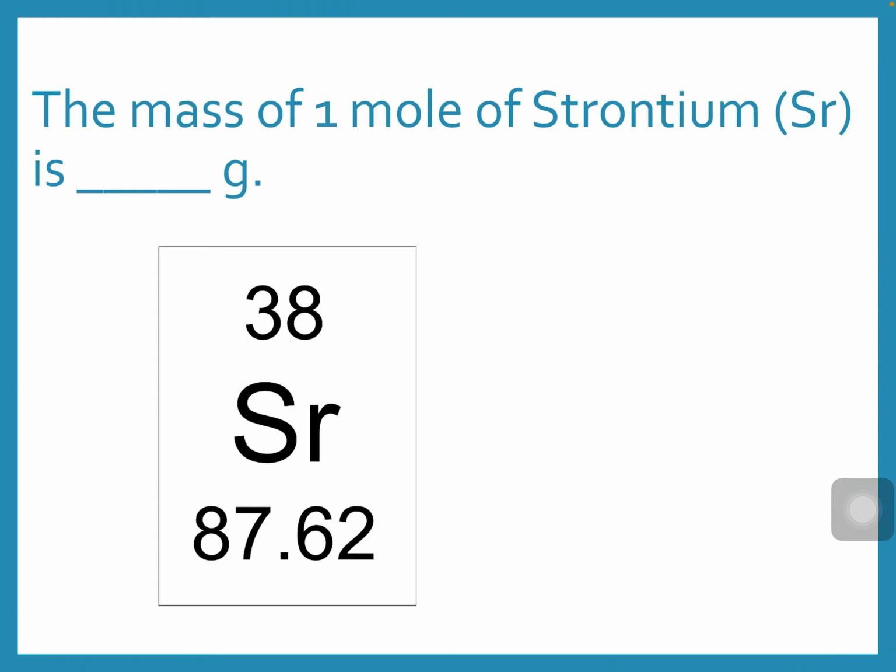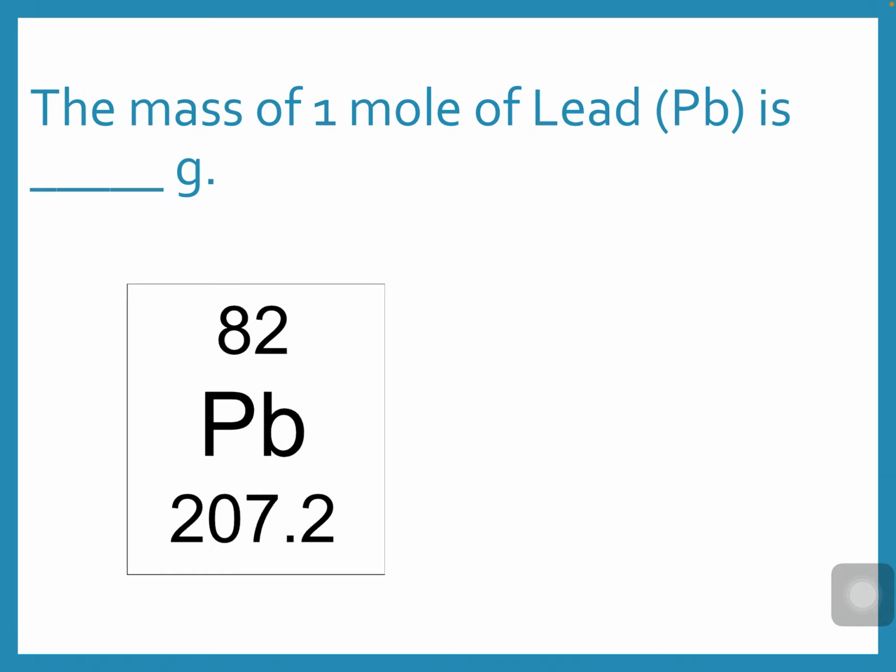So if I'm looking at strontium, what's the mass of 1 mole? And so my atomic mass is 87.62. So it is 87.62 grams for 1 mole of strontium atoms. Lead, so lead is 207.2.